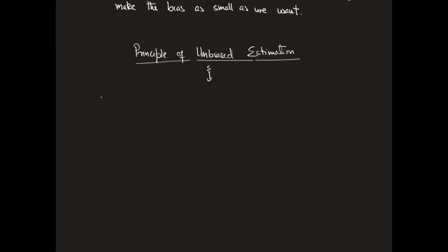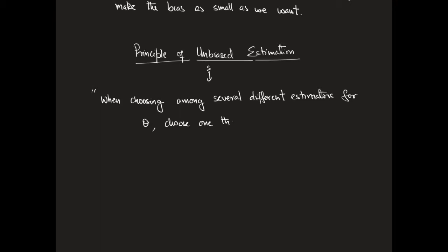We are hence led to the principle of unbiased estimation, which states that when choosing among several different estimators for a population parameter theta, we want to choose one that is unbiased.